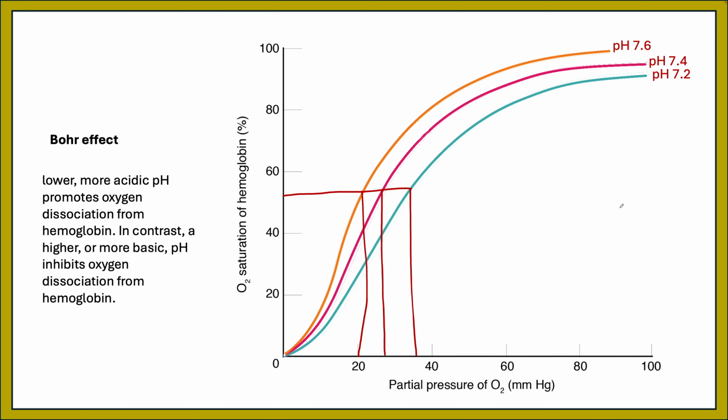So this ultimately, where you're going to have lower pHs, is where you're going to have more CO2, meaning that hemoglobin is going to have less of an affinity for oxygen at those sites.